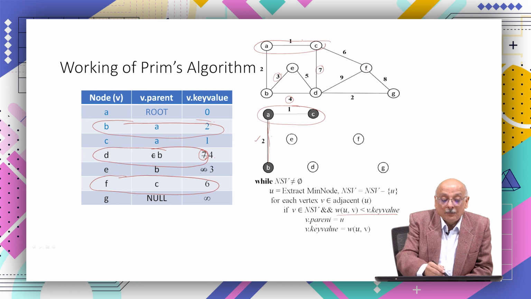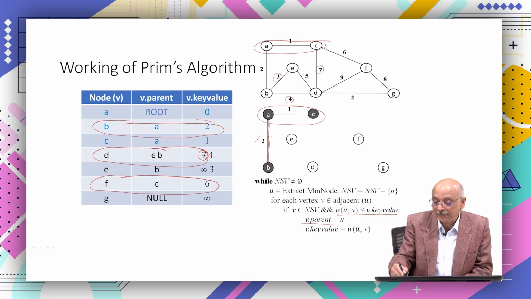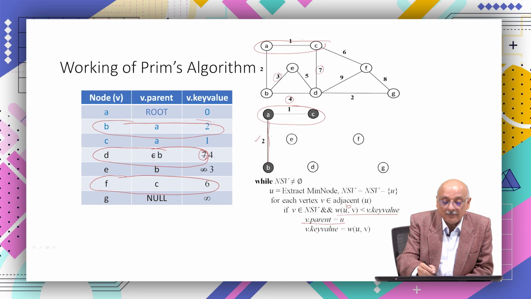That means the parent of D is going to change from C to B. So, now we are referring to B as the parent, U. So, the parent of this node will become B only. All right. So we have removed C and converted it into B, and the weight is also changed.